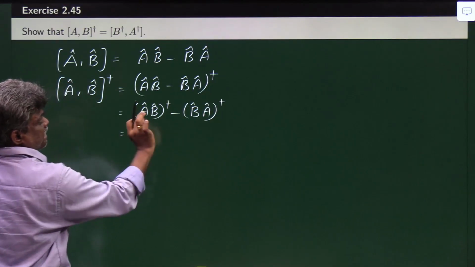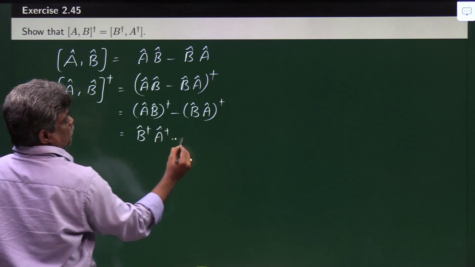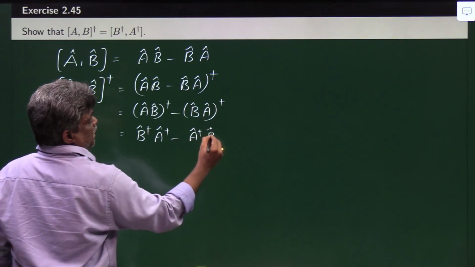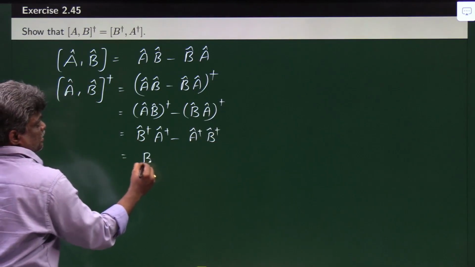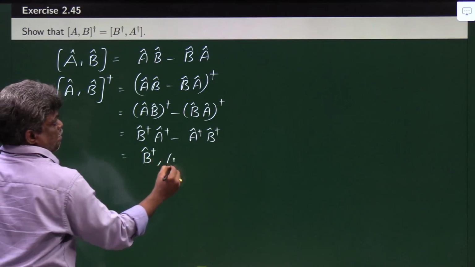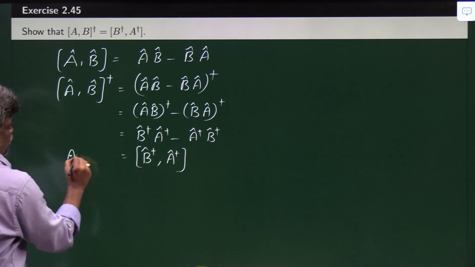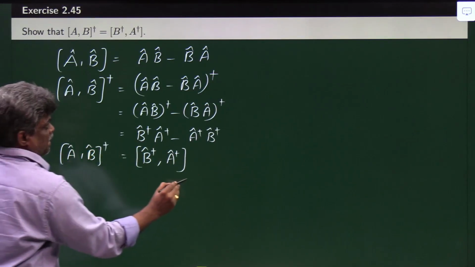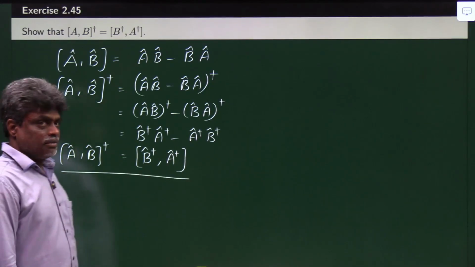So (AB) dagger equals B dagger A dagger, and (BA) dagger equals A dagger B dagger. Again this is in the form of a commutator, so it can be written as [B dagger, A dagger]. So finally we got [A, B] whole dagger equals [B dagger, A dagger], right?